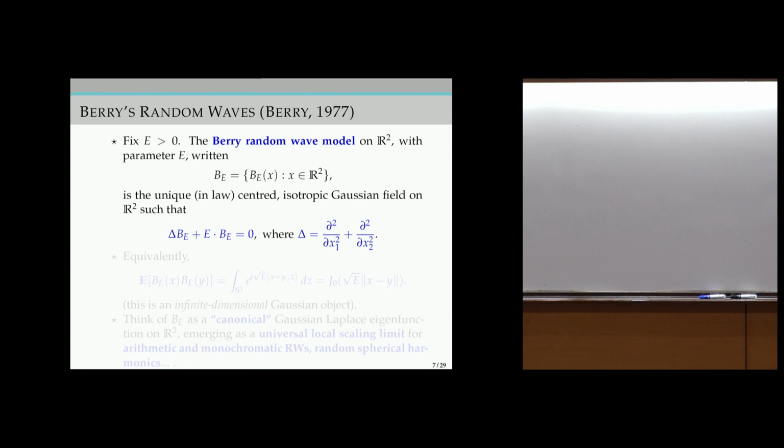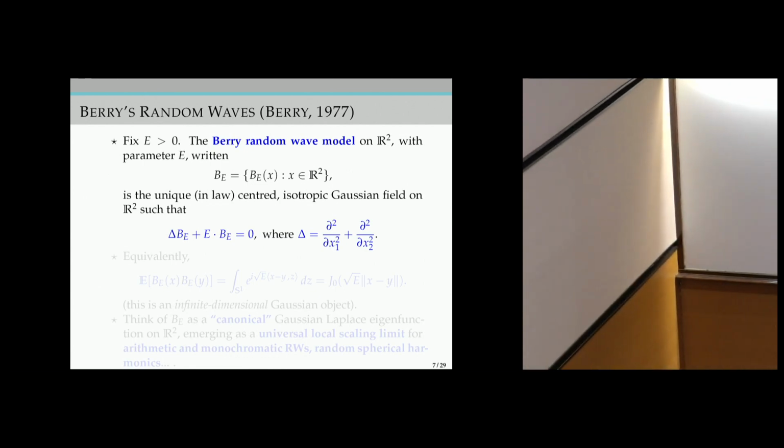There are several ways of defining this model, but the simplest is to declare that Berry's random wave model with parameter E is the unique, because you can prove it is unique, centered Gaussian process indexed by the plane R2, which is isotropic. This means that the distribution of this field is invariant with respect to rigid motions of the plane.